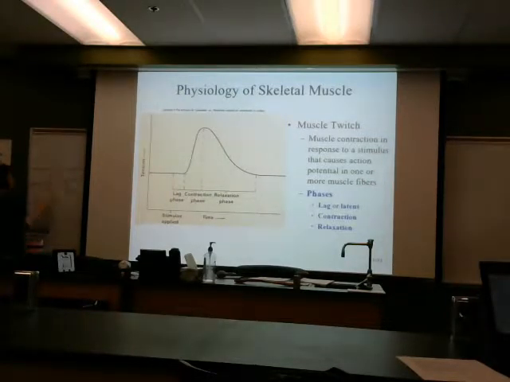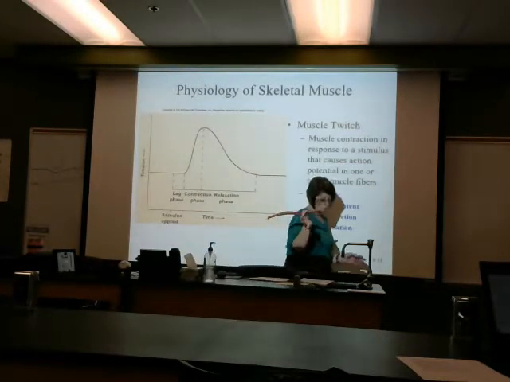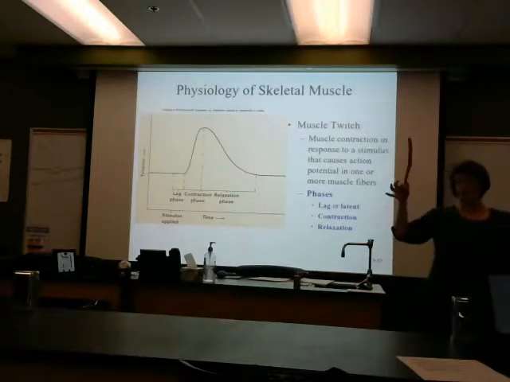I've got my synaptic cleft. I've got all of these activities that are going to take place in the cleft, okay? And this is looking at contraction of one fiber.